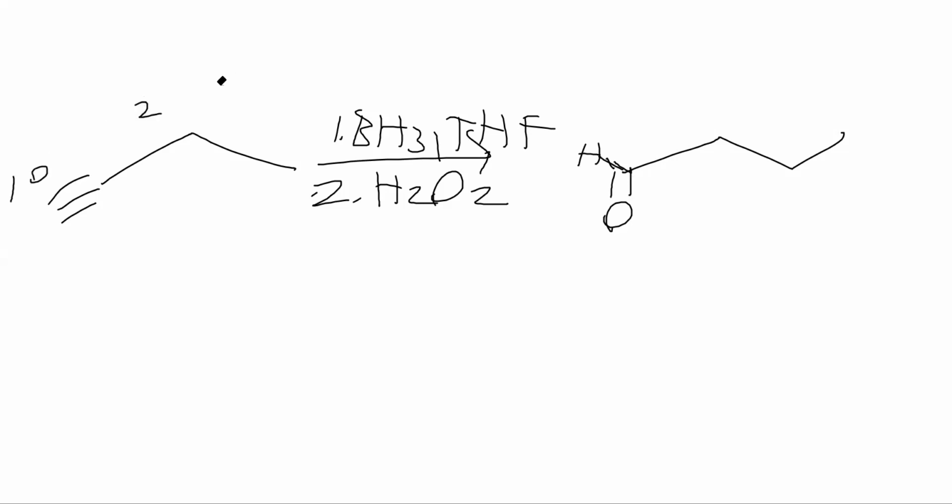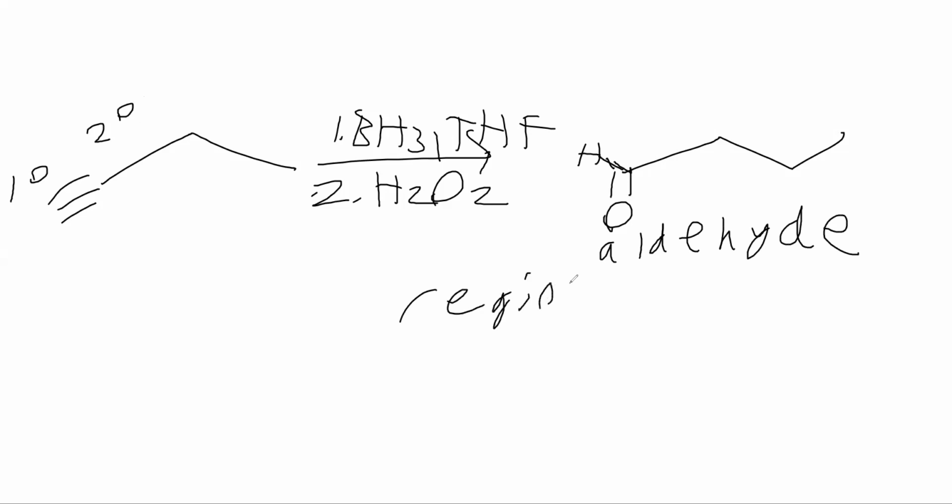Put that on the wrong carbon. It adds to the less substituted spot, the primary spot. So it forms an aldehyde because that's where the carbonyl went. So the regioselectivity is anti-Markovnikov.